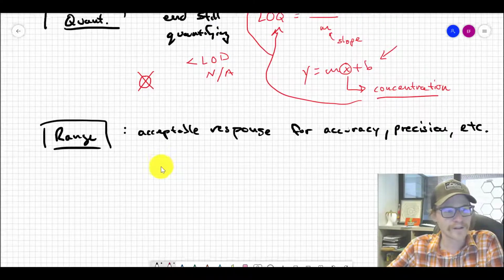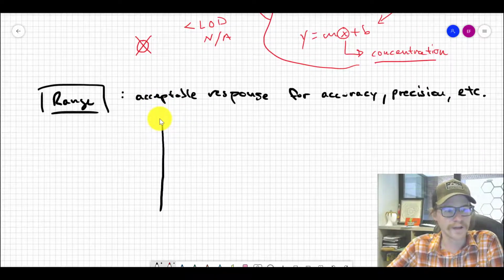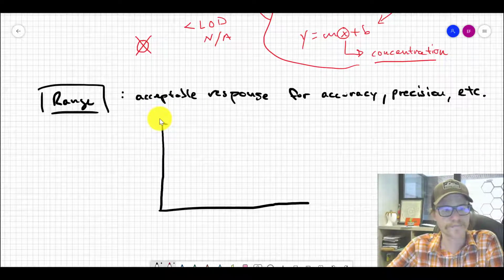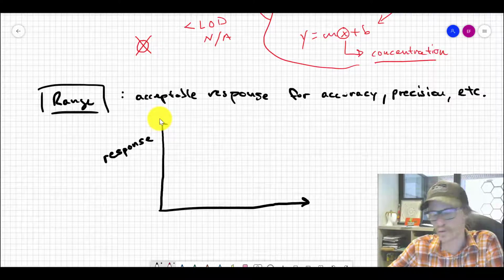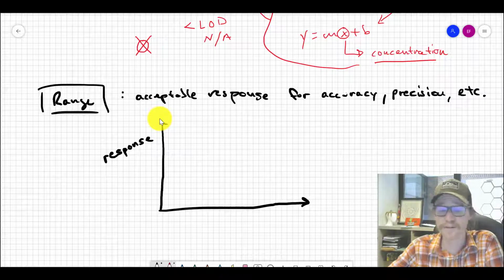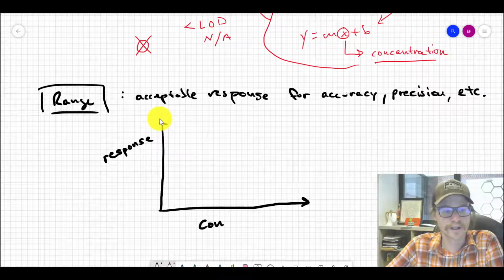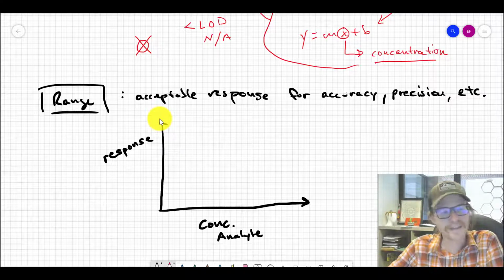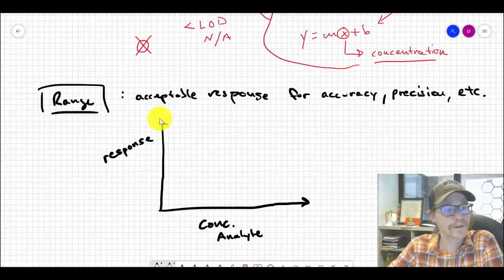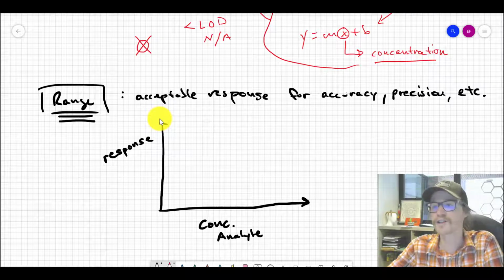So for example, if we draw up another calibration response here, we would have our response over here. This could be anything: intensity, absorbance, voltage, current, charge, whatever our technique is monitoring as a response variable as a function of the concentration of our analyte. That's the calibration curve. When we're thinking about the development of our method, we need to consider the useful range of our method.